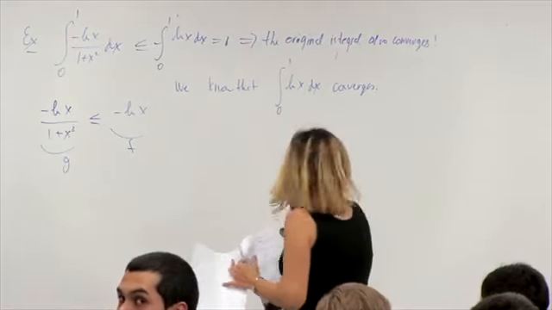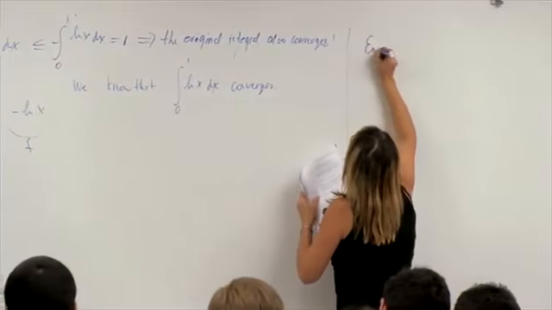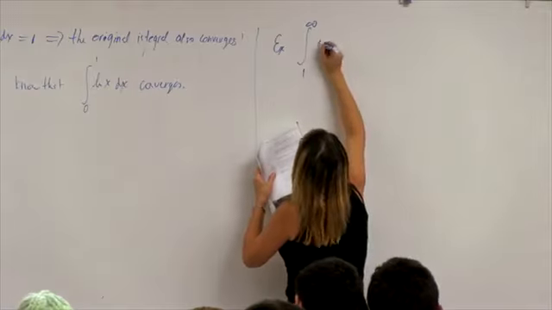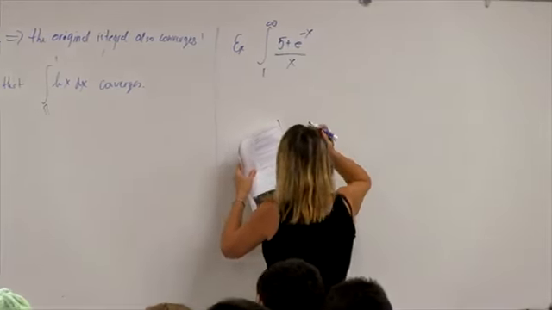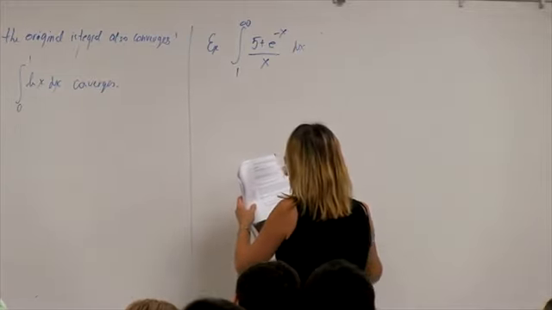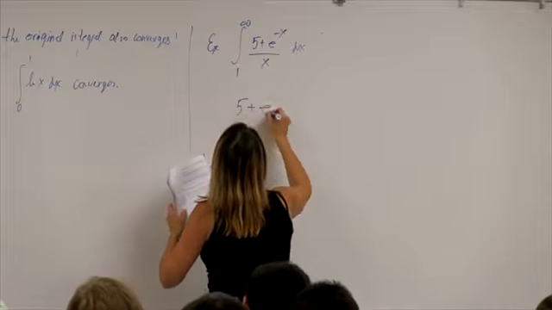And the second example is very short. Let's look at the integral between 1 and infinity of 5 plus e to the minus x over x dx. Okay. So let's look at the expression.